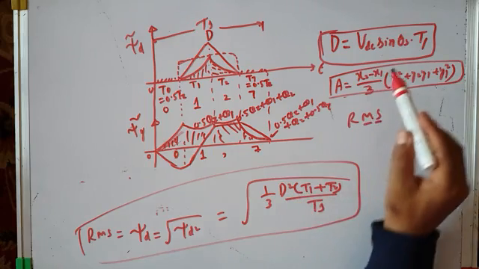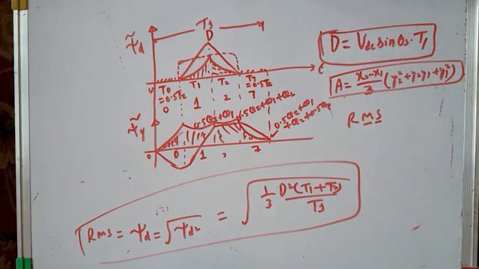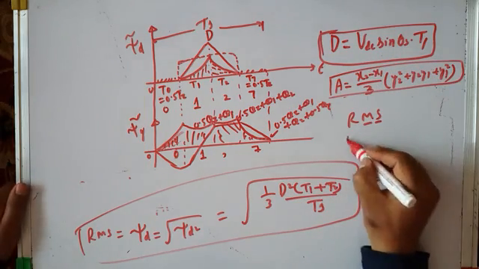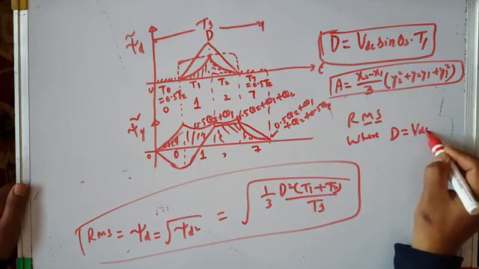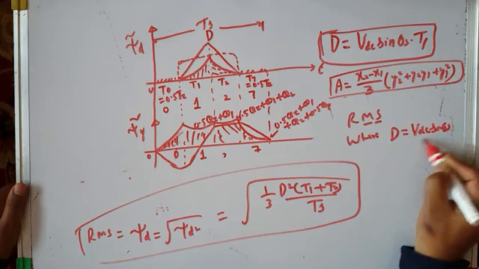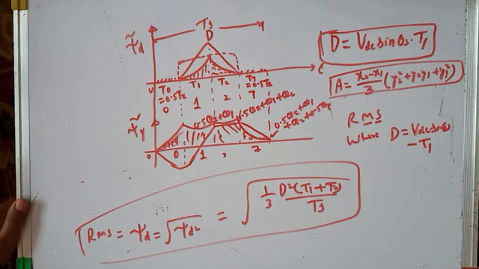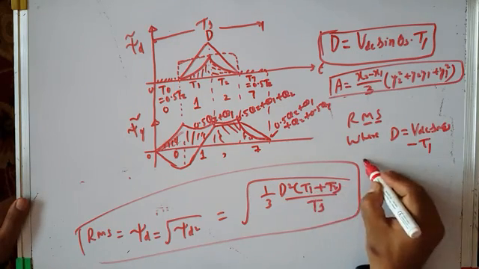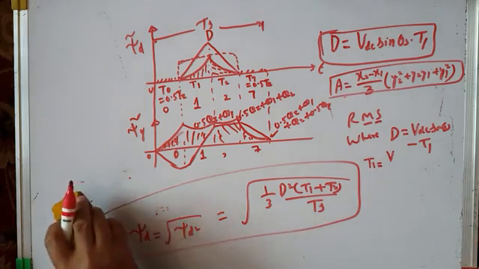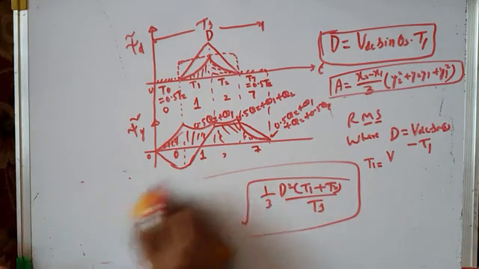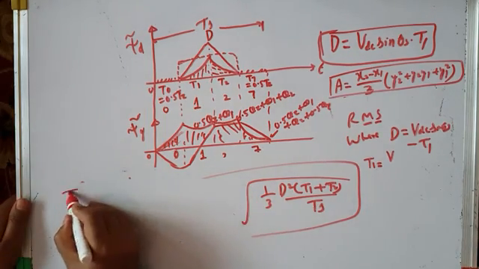d, I have already told you, is given by d equal to VDC sine theta s minus T1. We already know, what is time interval T1? If you remember, time interval T1 is Vref, let me write the equation for time interval T1 somewhere here.